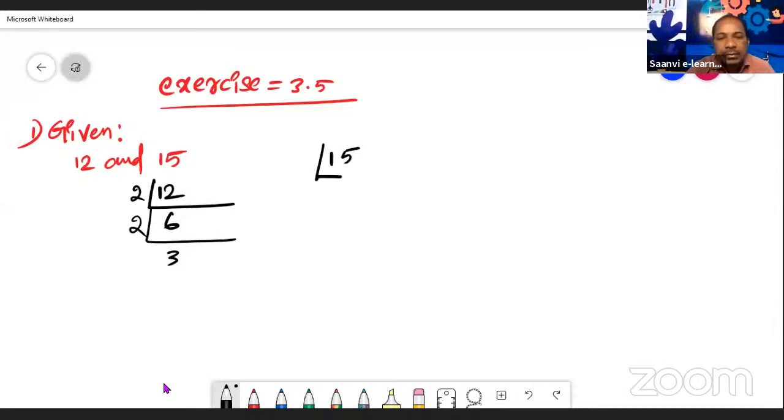We factorize this also. Is this number 15 possible with the 2 table? No, it is not possible with the 2 table. So we take the 3 table. 3 fives are 15. Again possible with 5? No, not possible. Why? Because 5 is a prime number.